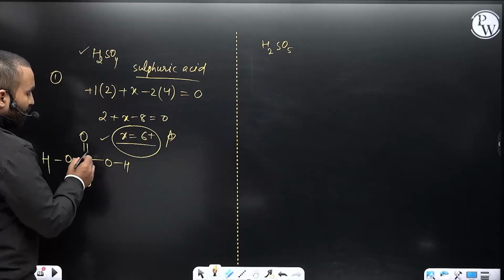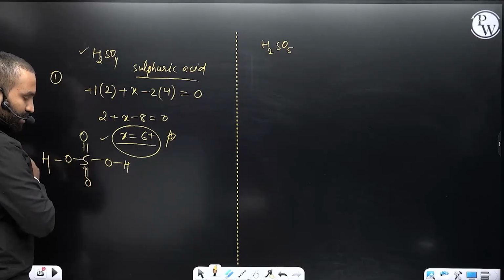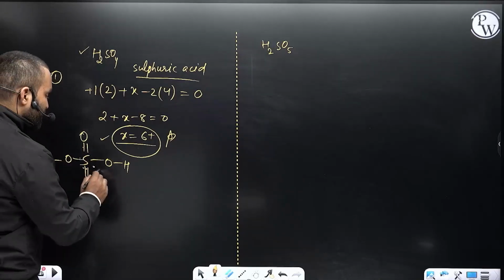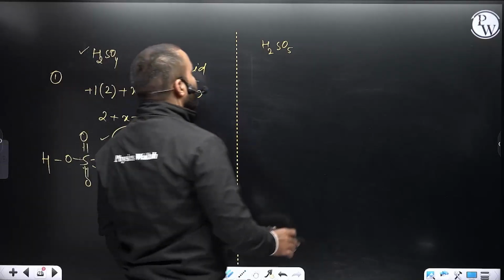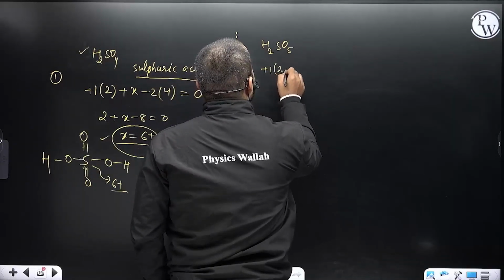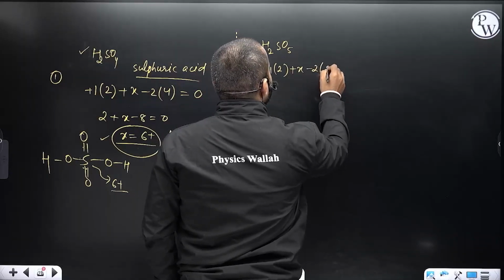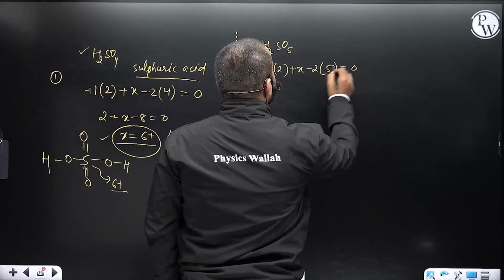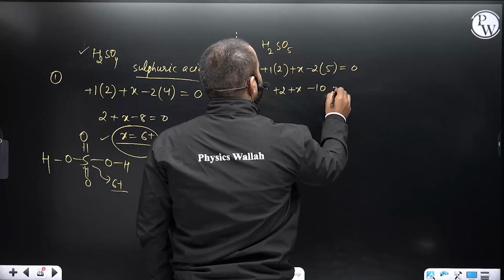Calculate by the bond method also: 1, 2, 3, 4, 5, 6. Oxidation state is 6+. Let's do a similar calculation for sulfur here. +1 again for hydrogen, plus X for sulfur, minus 2 for 5 oxygens, equals 0. This will be +2 + X - 10 = 0.